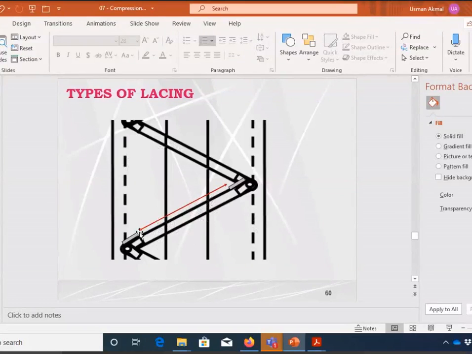So one lacing is encountering two planes as compared to the longitudinal axis. Because slippage will occur, or shear stresses, you know that they are maximum along the neutral axis, if this is the neutral axis.